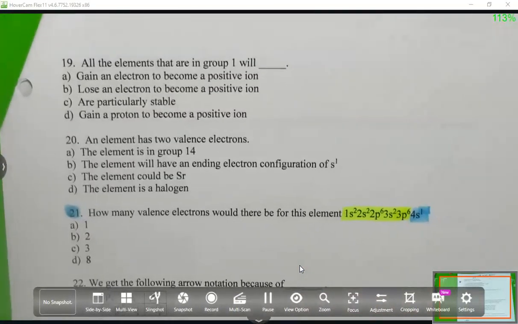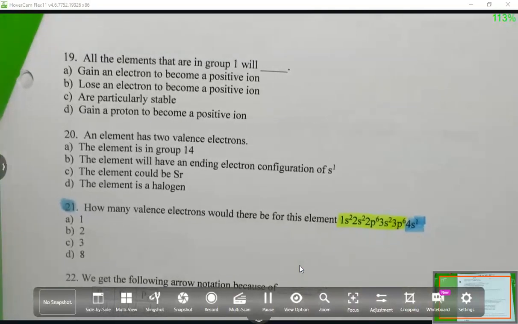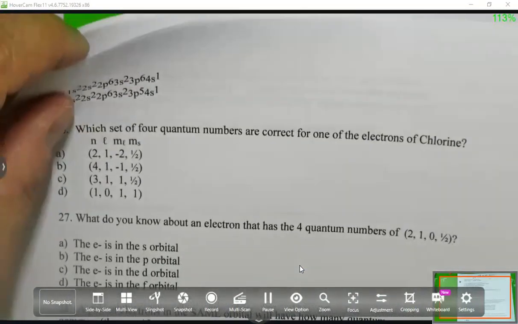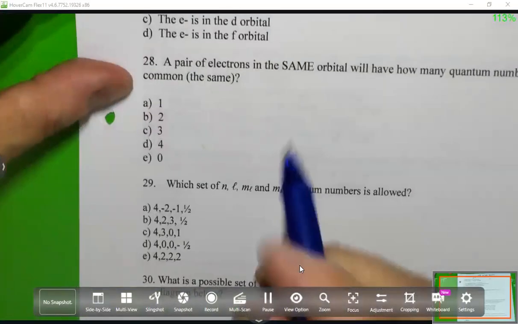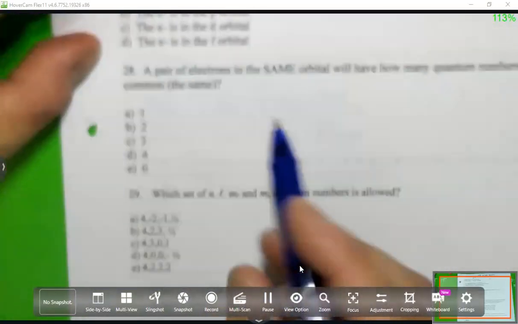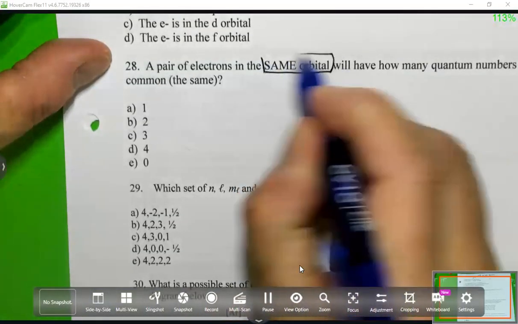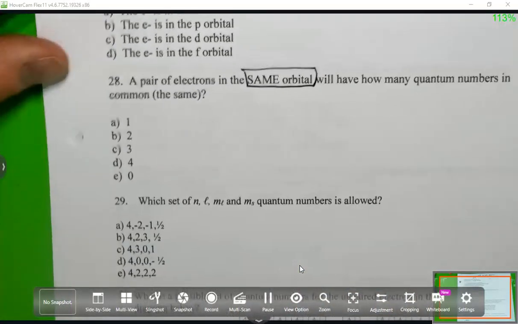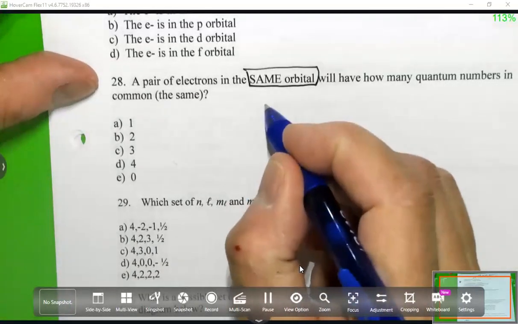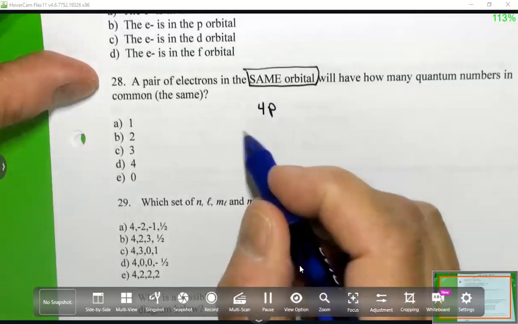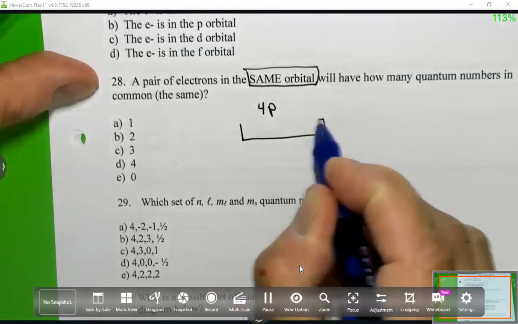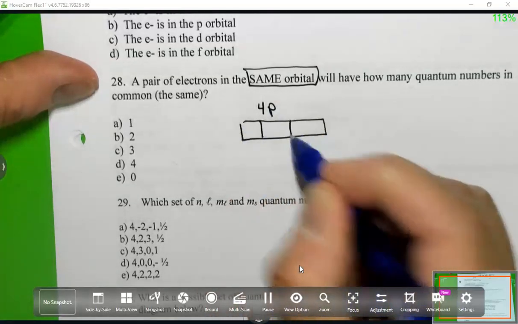And let's see, 28. Okay. A pair of electrons in the same orbital. Well, let's do that. So if you have a pair of electrons in the same orbital, let's make it a 4p, and we'll do something like this.